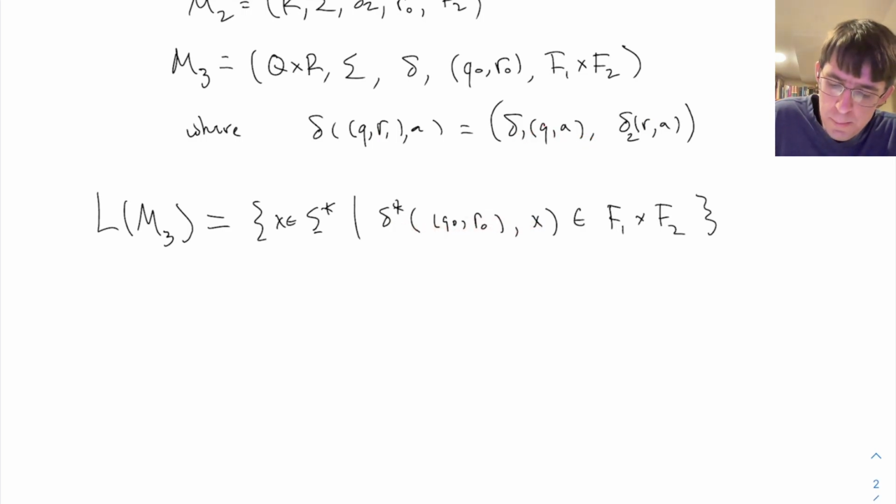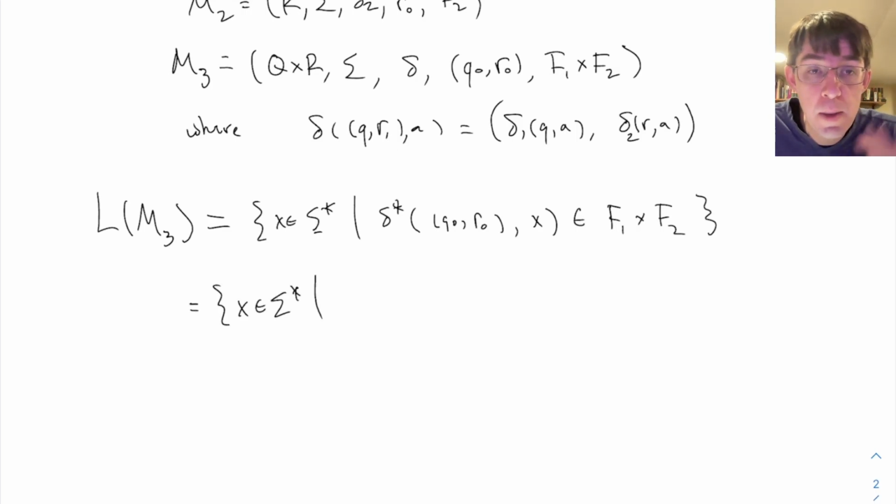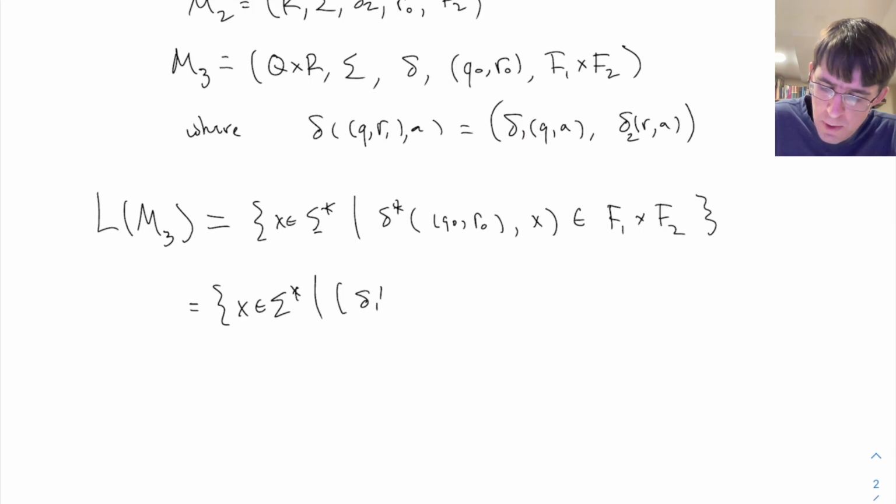So this becomes, equals, most of this I'm going to copy, but I'm going to simplify part of it, and that is the delta part here. Instead of delta star of that stuff, I'm going to rewrite it as this. It's going to be a pair now. Delta 1 star of (Q0, x), comma.